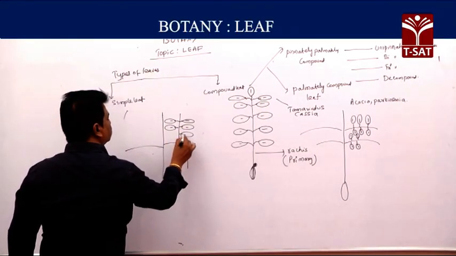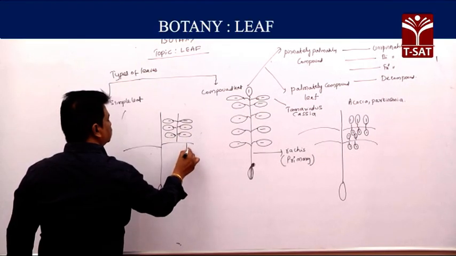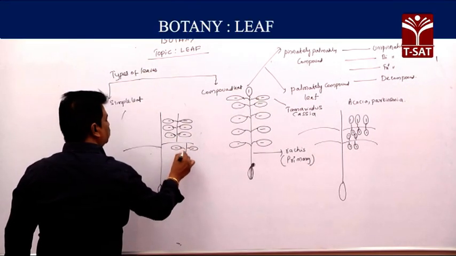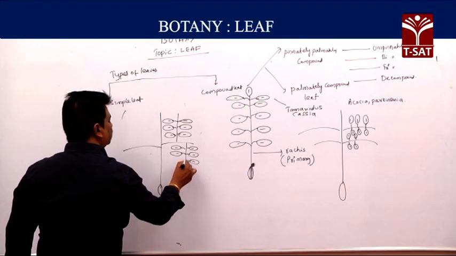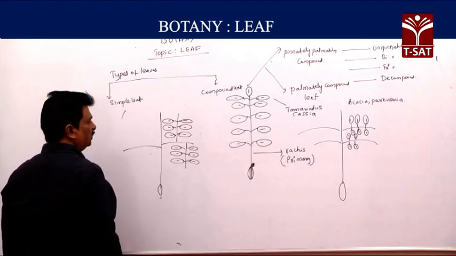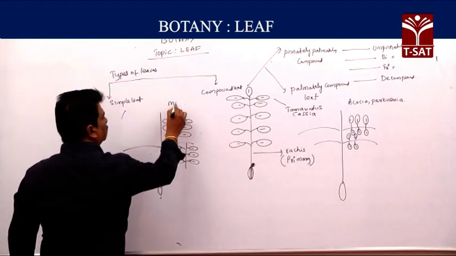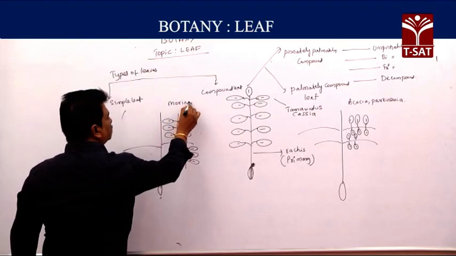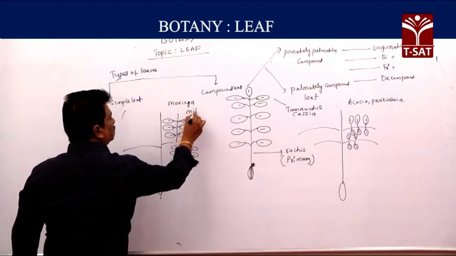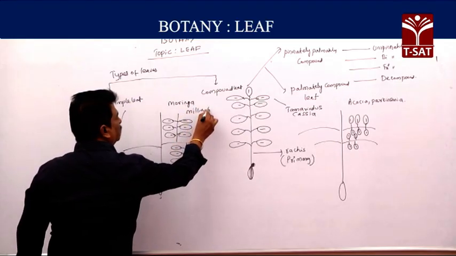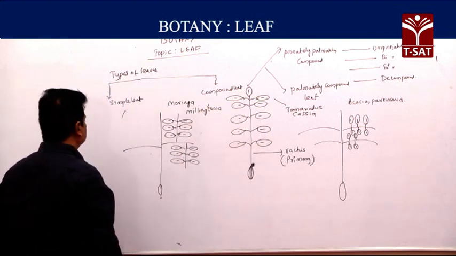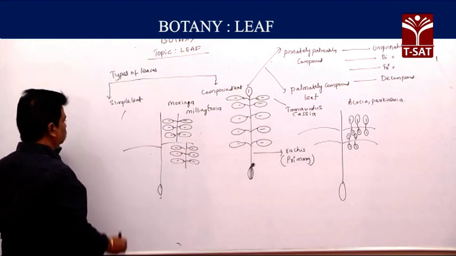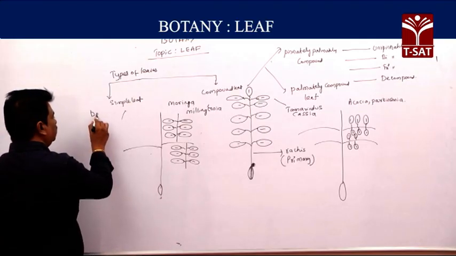If leaflets are present on the tertiary rachis, it is called tripinnately compound. Examples for tripinnately compound are moringa and Millingtonia. Moringa, common name is drumstick. And fourth one is a decompound leaf.